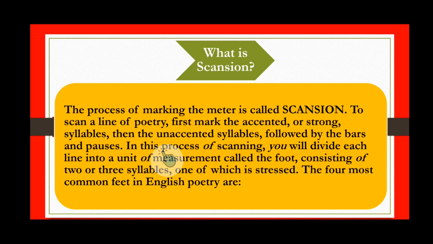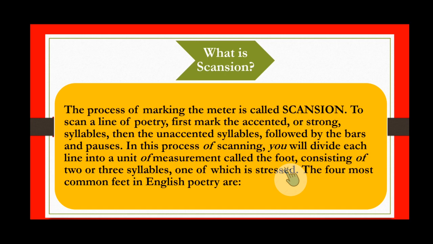The bar will indicate that 1 foot is completed. This is 1 foot, 1 unit in a line of poetry. In this process of scanning, you will divide each line into a unit of measurement, and that is called a foot, consisting of 2 or 3 syllables.